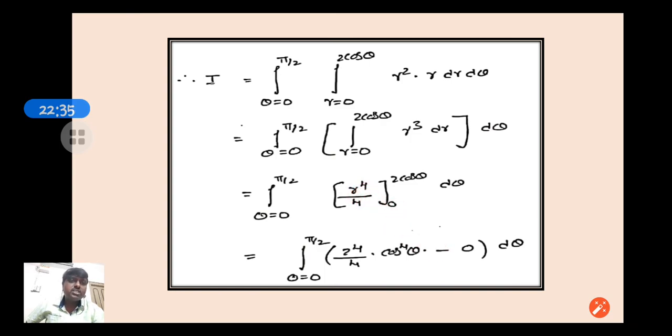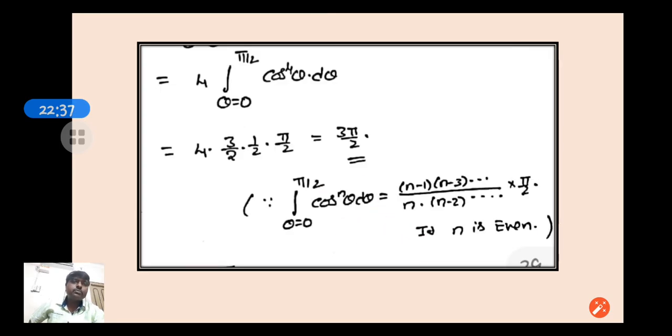By simplifying, 2 power 4 by 4 is nothing but 4, which is constant. The remaining integration is the integral theta equal to 0 to pi by 2 of cos power 4 theta d theta. The integration of cos power 4 theta d theta is equal to 3 by 4 into 1 by 2 into pi by 2. By simplifying, you are getting 3 pi by 2.